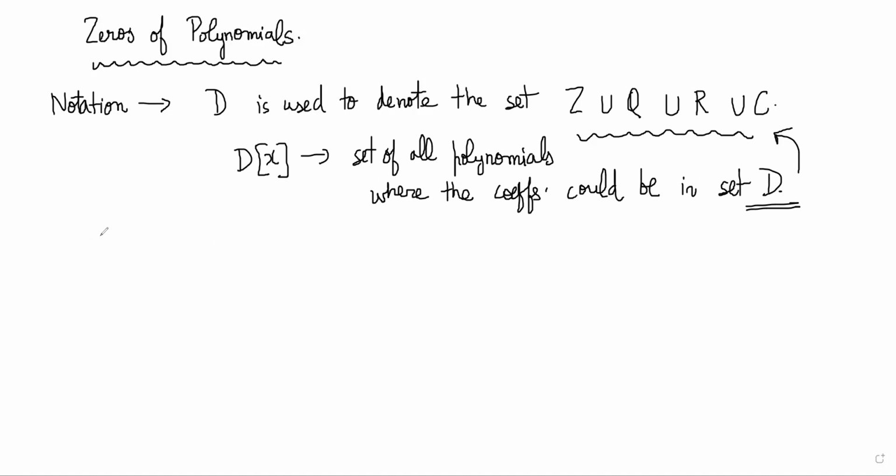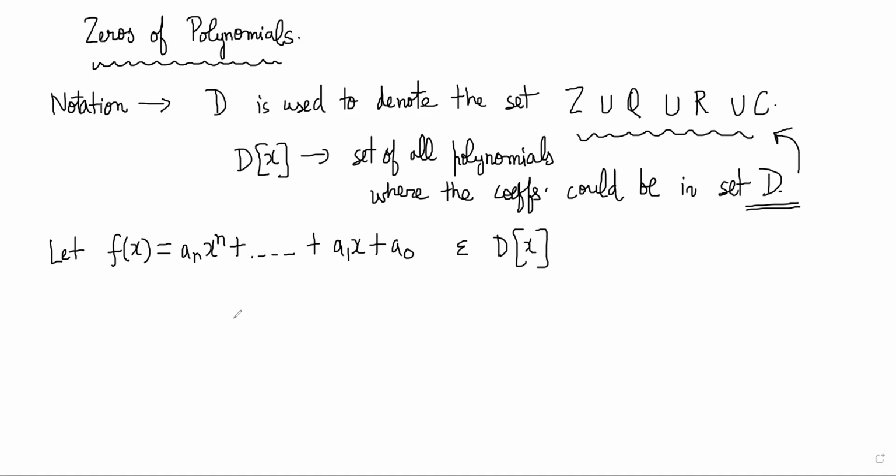So let's start by understanding how we figure out the roots of a polynomial. Let f(x) be this polynomial a_n x^n plus ... plus a_1 x plus a_0, which belongs to the set D of x. What is the root of this polynomial?